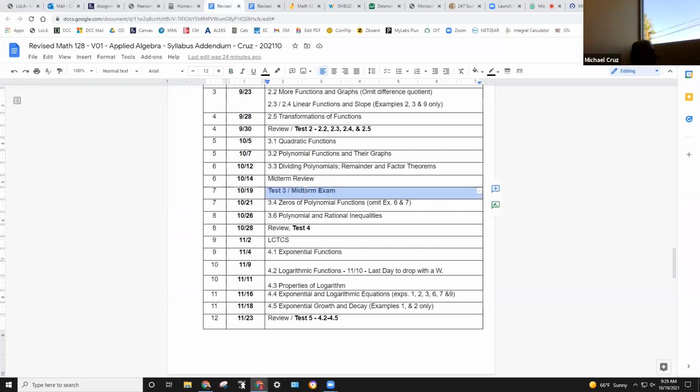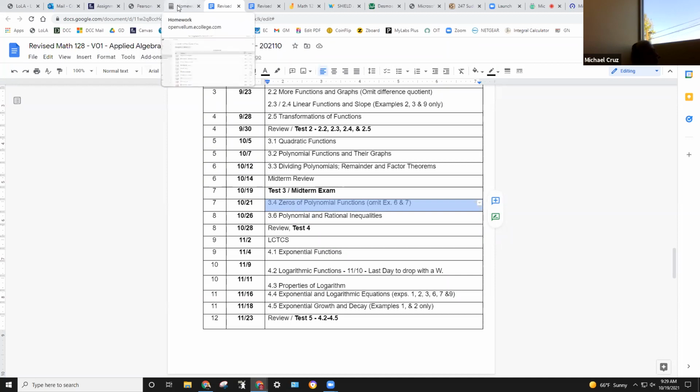And then after you finish this, giving you this day as a prep, we've got two sections, and then we'll have another test. And this is really not that bad, section 3.4, because I go over that with my 130 students, and it's really kind of interesting.